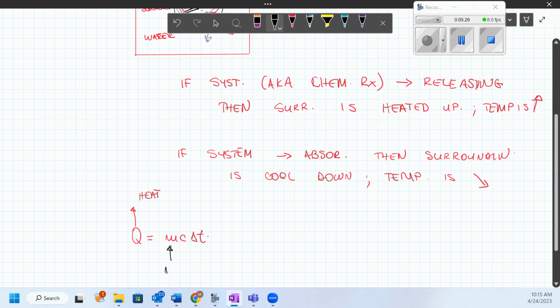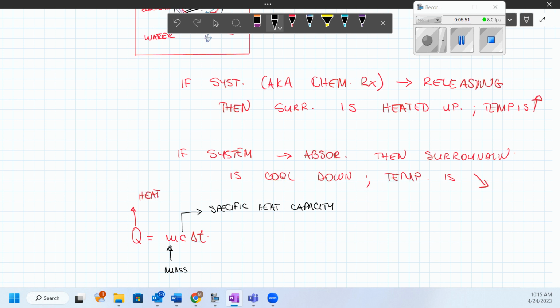M is the mass of water, usually water, that is in the surrounding of the calorimeter. C is specific heat. We'll talk about this in more detail. Specific heat capacity. And ΔT is the change of temperature in degrees.